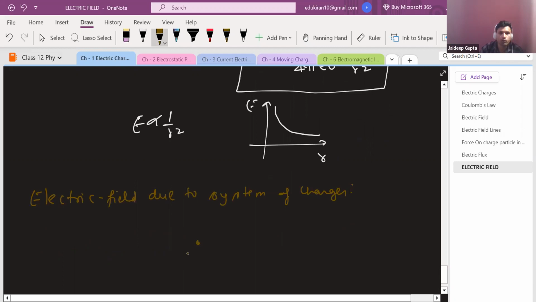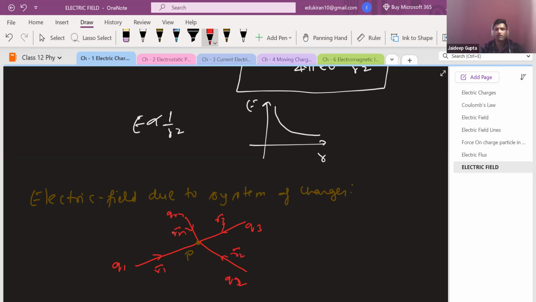So let it be a point P. Charges will be Q1, Q2, Q3, and Qn, at distances R1, R2, R3, and Rn.